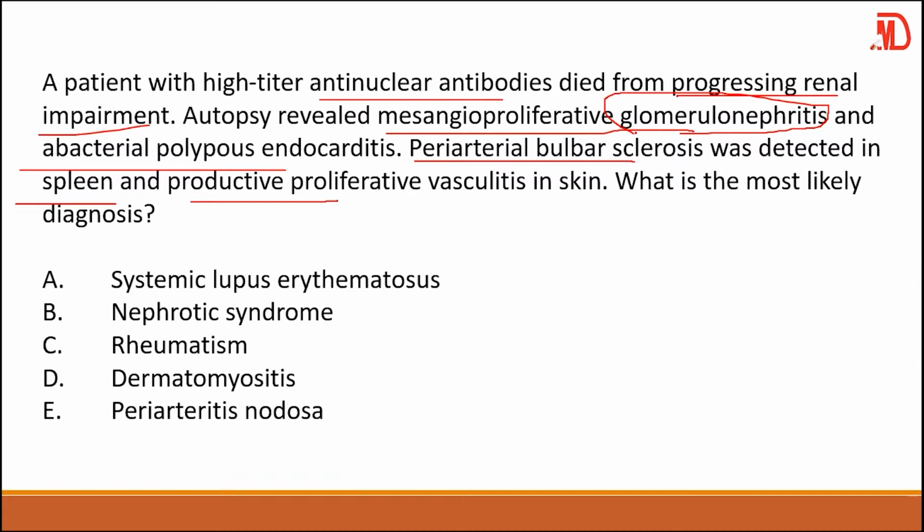Yes, this is typical for lupus nephritis. And of course, the general disease is systemic lupus erythematosus. This is an autoimmune disease, in which the body mistakenly attacks healthy cells.